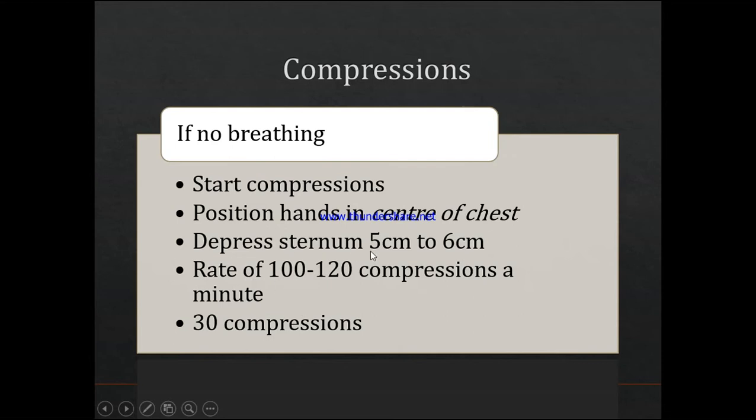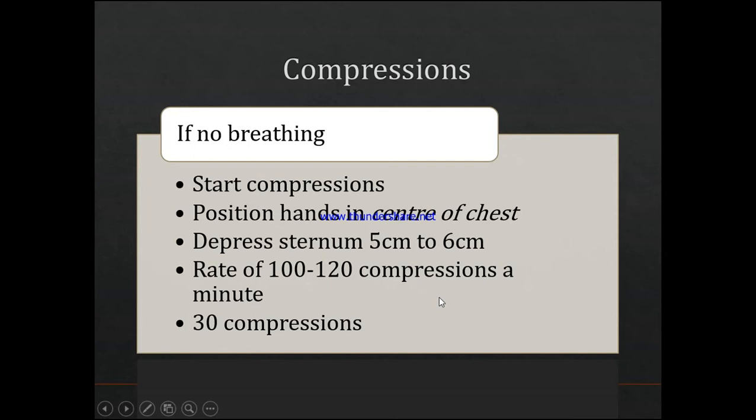So in basic life support, the cycle is 30 compressions to 2 breaths. If the breaths can't be done, it is continual compressions. It's just on and on and on until either you cannot continue, or the emergency services arrive, or somebody takes over for you.